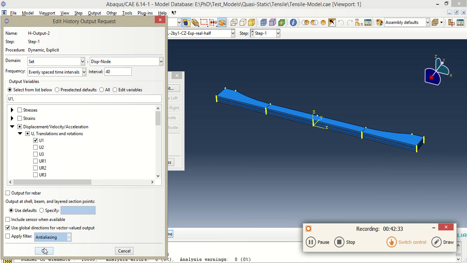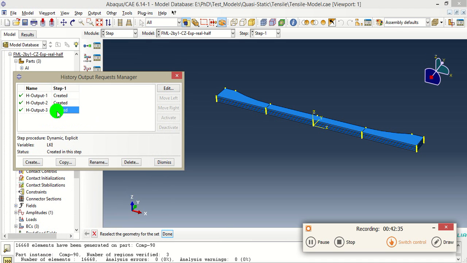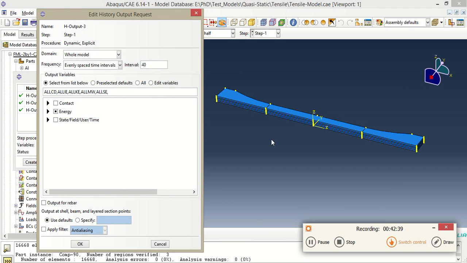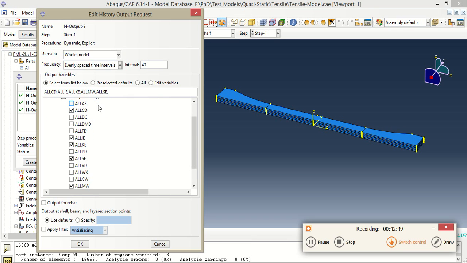So you can obtain the displacement here. Now the third is with respect to the energies. This is very important. When you are doing the explicit analysis, these energies will be very important to check that your model is right. Now ALLCD is the energy dissipated due to viscous regularization. That means the damping.